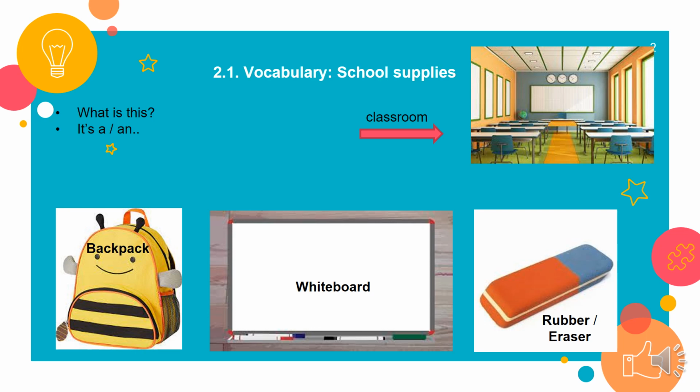So, we can use the question, what is this? It's a backpack. What is this? It's a whiteboard. What is this? It's a rubber or it's an eraser. So rubber is for British English and eraser is for American English.